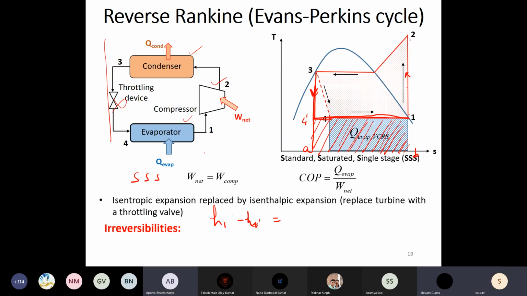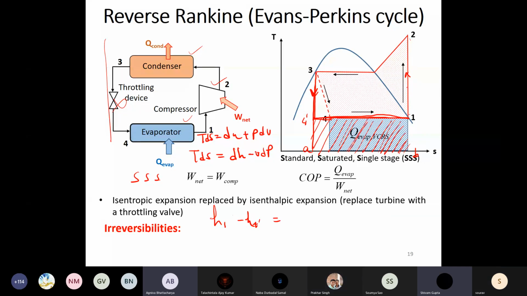You know this expression TdS equals dH minus VdP. This you have come across? Or TdS equals du plus PdV. This expression you have come across?